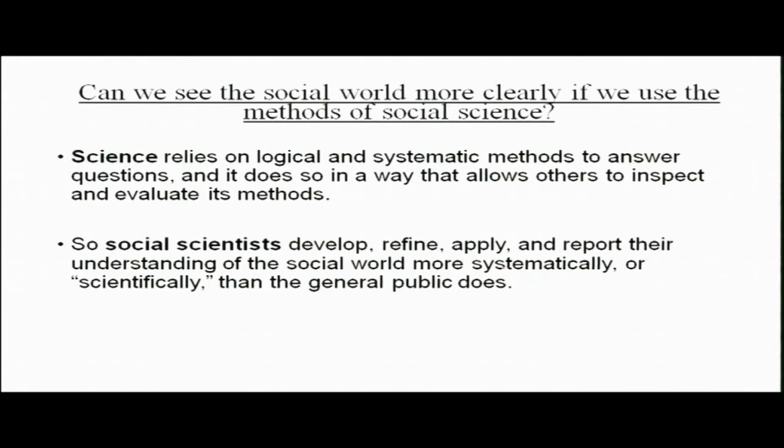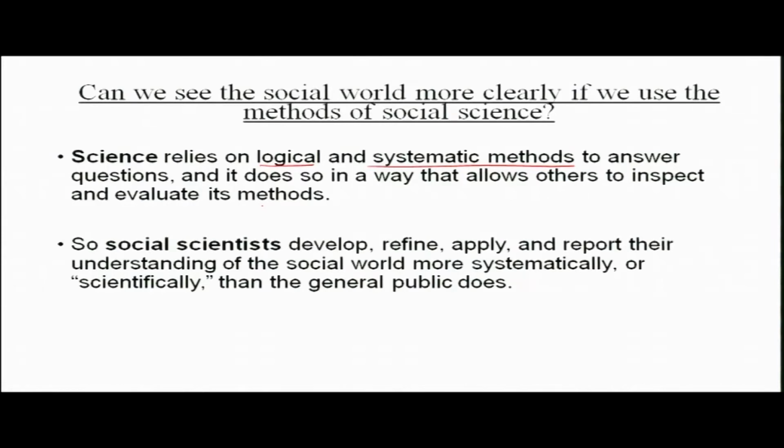Science relies on logical and systematic methods to answer questions. So there is a method to find out answers to particular questions, and it does so in a way that allows others to inspect and evaluate its methods. So you see that it follows a particular method.